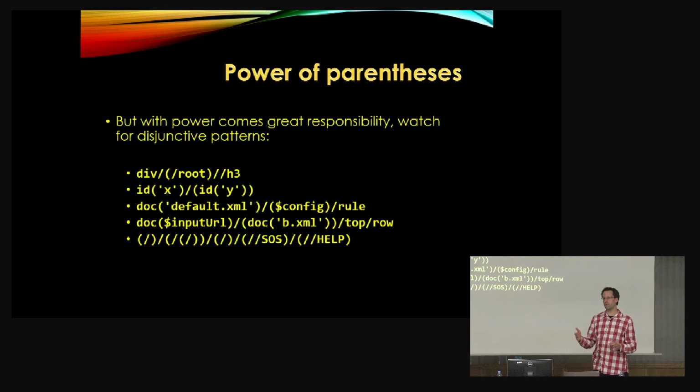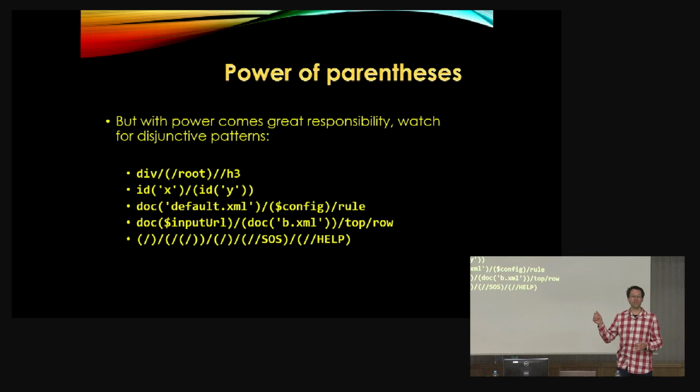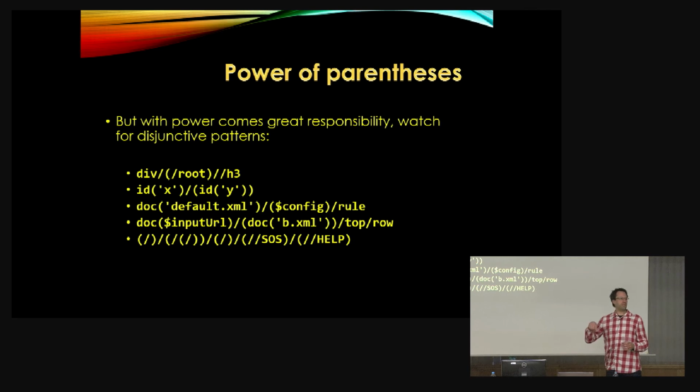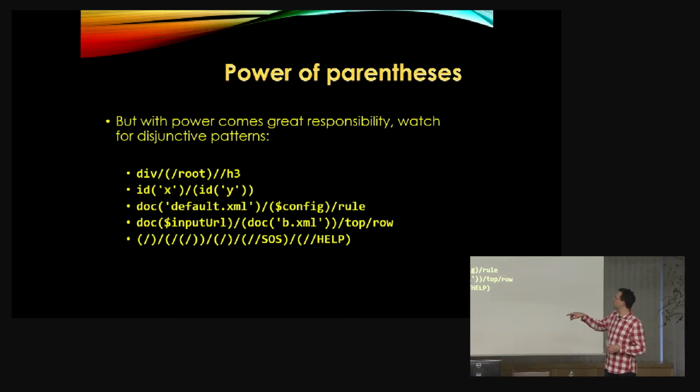Well, this took me about a minute to explain that very simple expression. I told you, don't do it. It's possible, and you can do some very incredible things with these to, well, piss off your coworkers, I guess. If you rewrite these in a normal predicate fashion, it would be something like slash root slash h3 with a div somewhere in between.